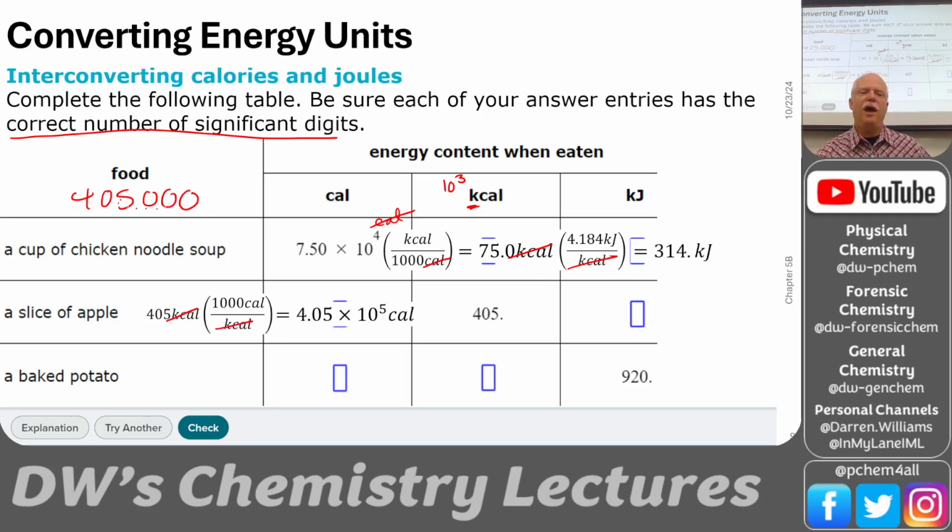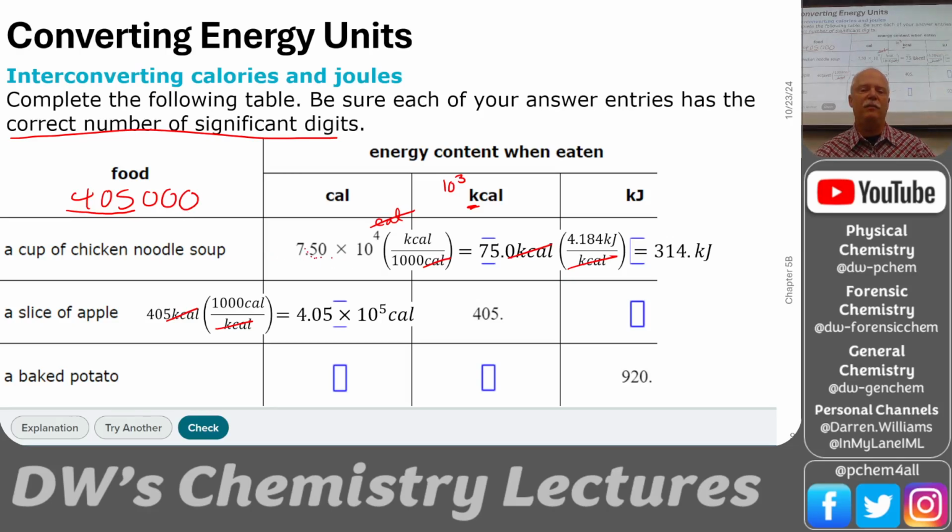Because how do I write that and let everybody know I only have 3 significant figures? I can't put a decimal place here. If I put a decimal place there, then I'm telling everybody that I have 6 significant figures. So I cannot do that. So I've got to write this in scientific notation in order to communicate that I only have 3 significant figures. So that's sort of an added complication to these problems.